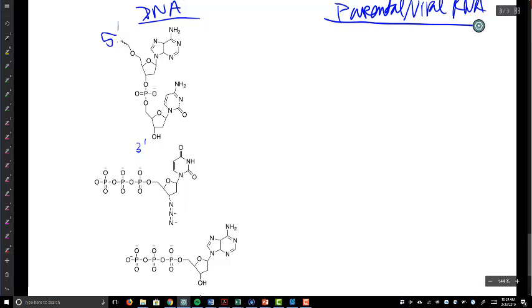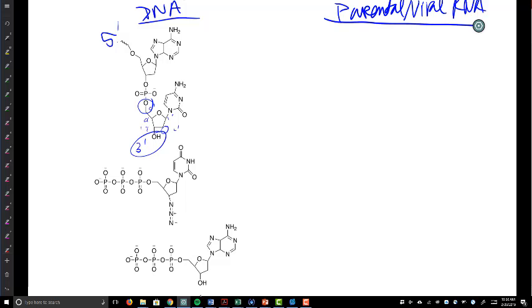The difference is the presence or absence of a hydroxyl at the 2' position, for 1', 2', 3', 4', 5'. That's where the 5' phosphate comes from, and the 3' hydroxyl comes from the numbering on the sugar ring. And again, we use primes to distinguish the numbering from the base numbering. All right? Okay, so that's 5' to 3'.